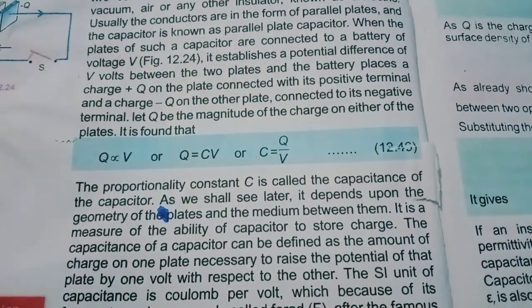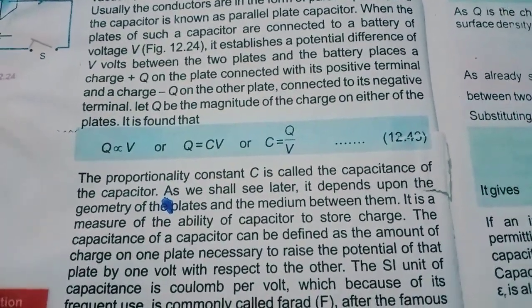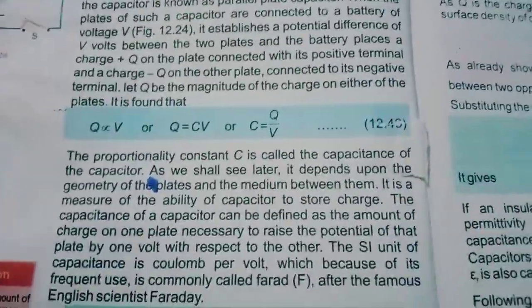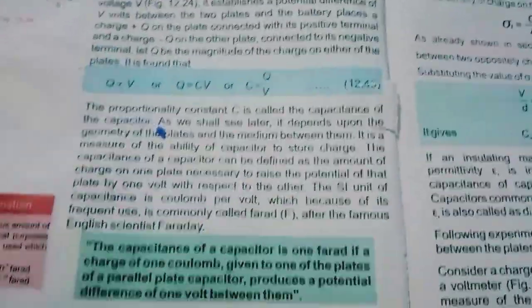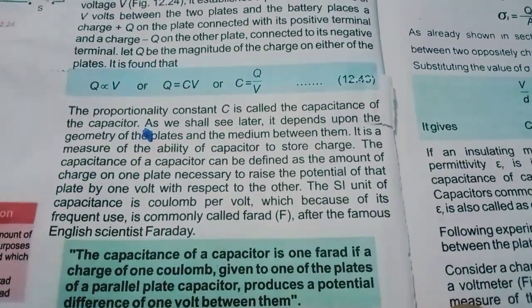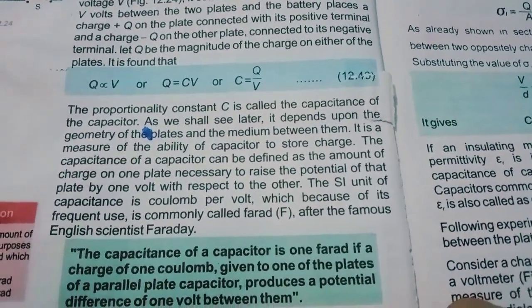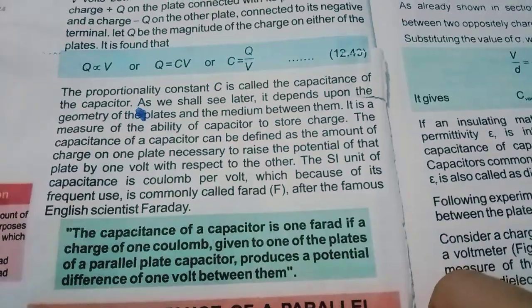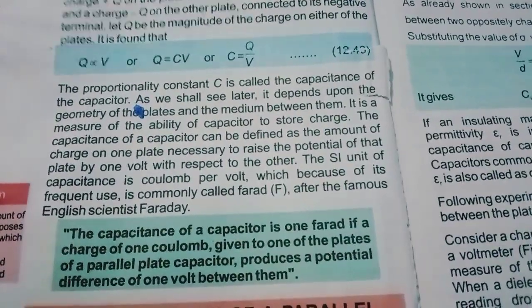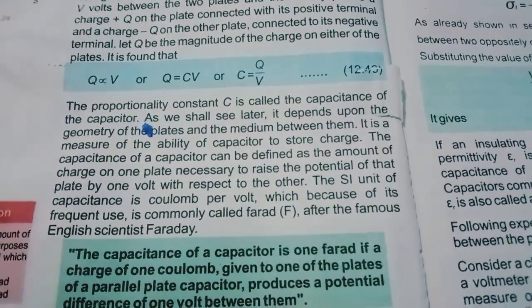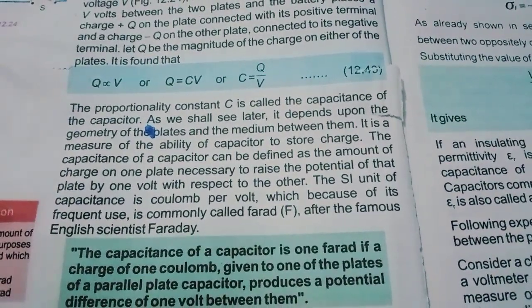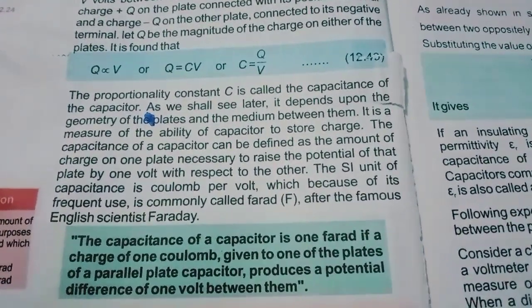Let Q be the magnitude of the charge on either of the plates. Q is directly proportional to V, so Q is equal to CV, and C is equal to Q over V, the potential difference. C is called the capacitance of the capacitor.